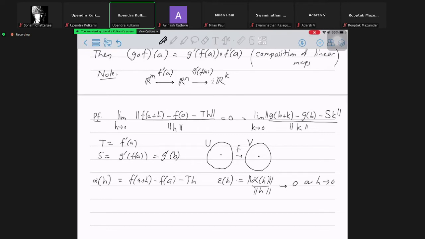And likewise, let's write down the quantity for the other one, g of b plus k minus g of b minus s of k, call it beta of k. And I know that the ratio of this quantity with the norm of k, so eta of k, which is by definition beta of k divided by the norm of k, goes to 0 as k approaches 0. Okay, very well.